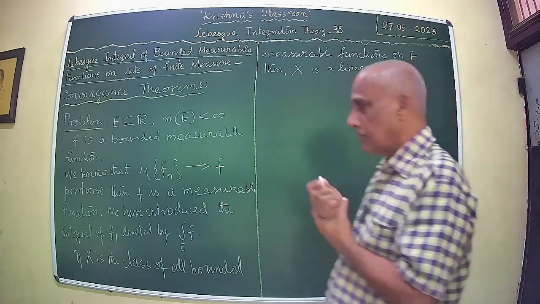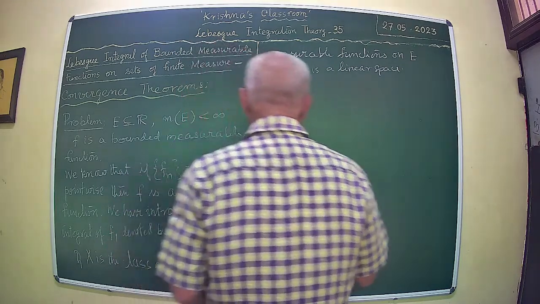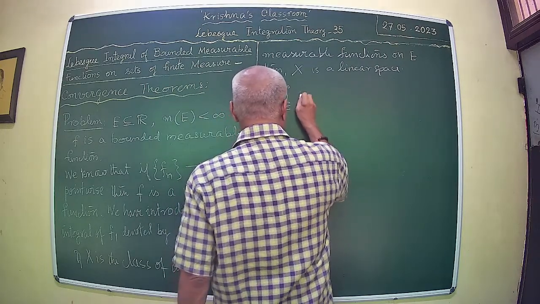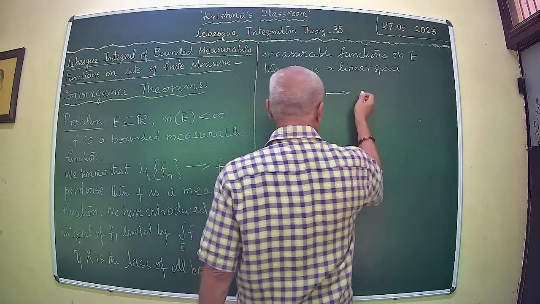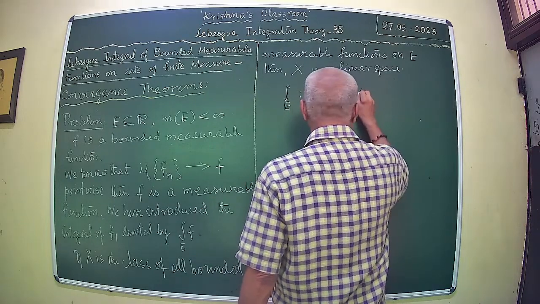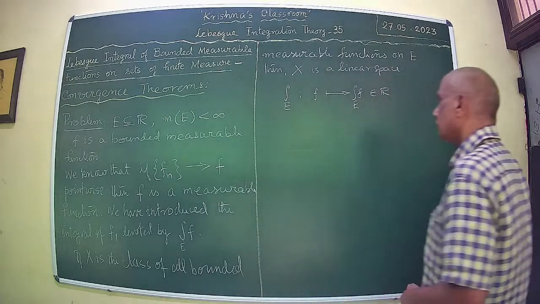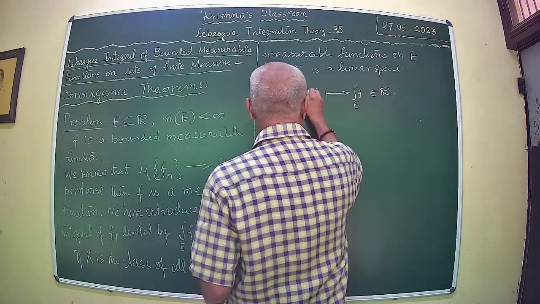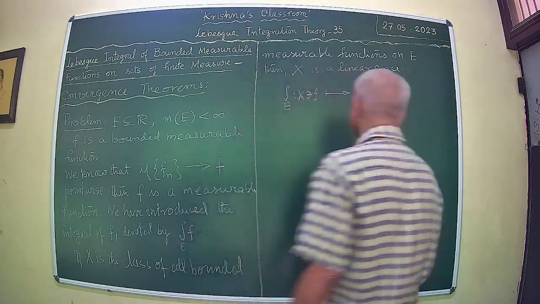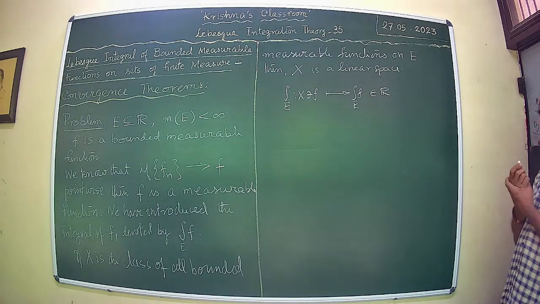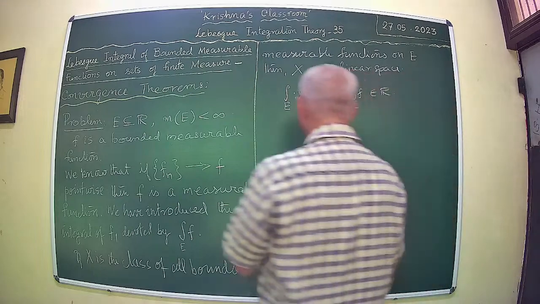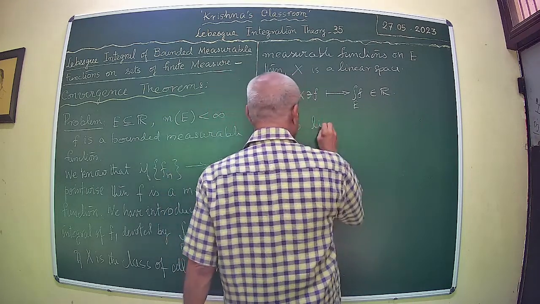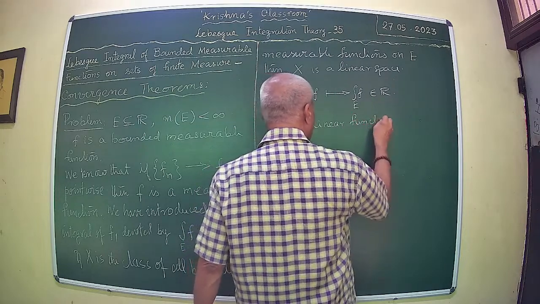Now what more have we proved? We have proved that integral over E maps F to a real number, so X is mapped by the integral to a real number. Then we have found that integral over E is a linear function which is monotonic.